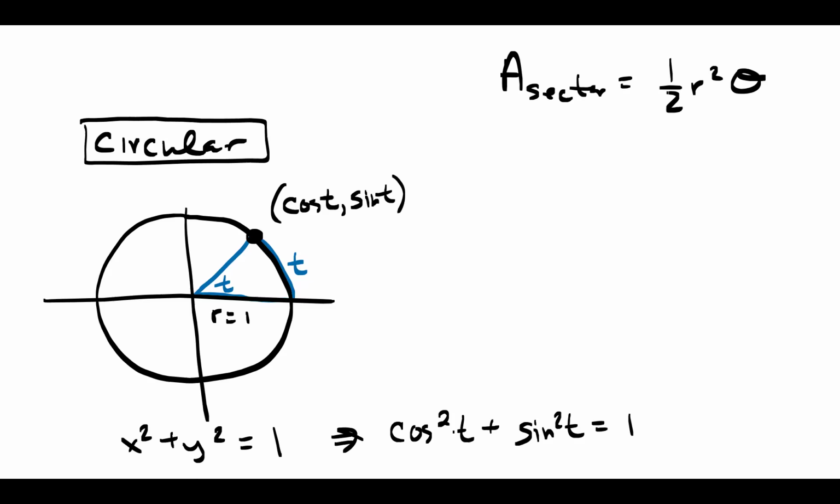So if I were to put this in, I would have an r value of 1, right? Because that's a unit circle. So if I put a 1 in there, and my angle measurement is t, do I get the same exact area?